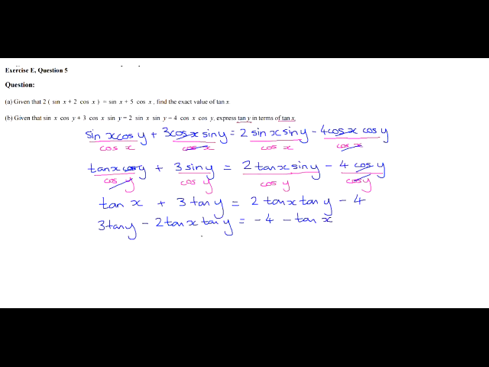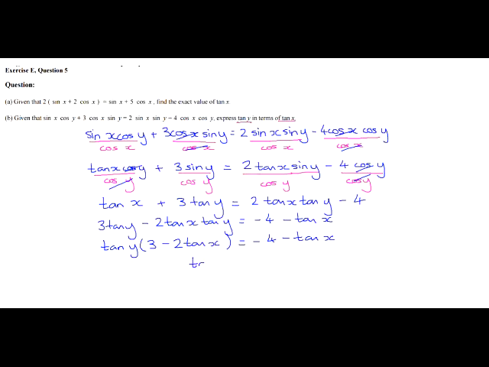So just simply rearrange that. So now I need to get tan y on its own. Okay, so let's factorize for tan y. So it's going to be 3 minus 2 tan x, that makes my 3 tan y, and that's equal to exactly the same thing. I'm not touching this side.